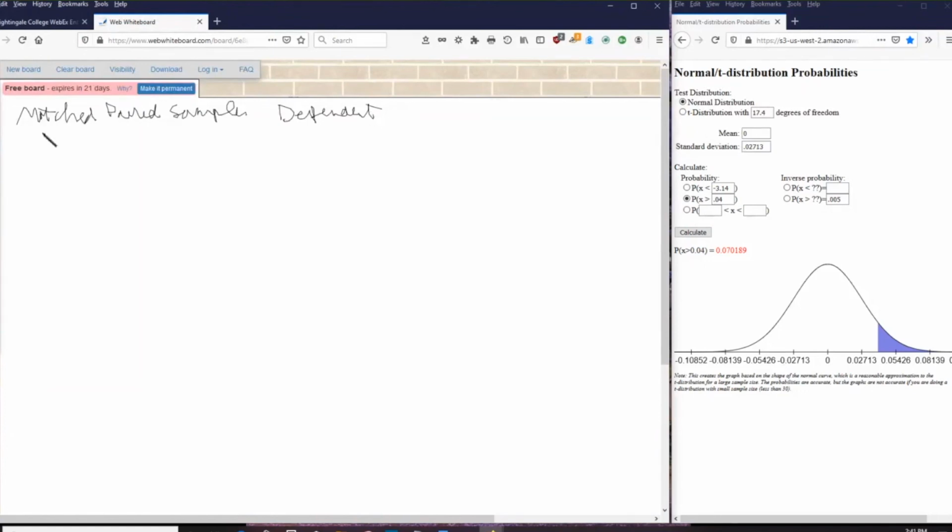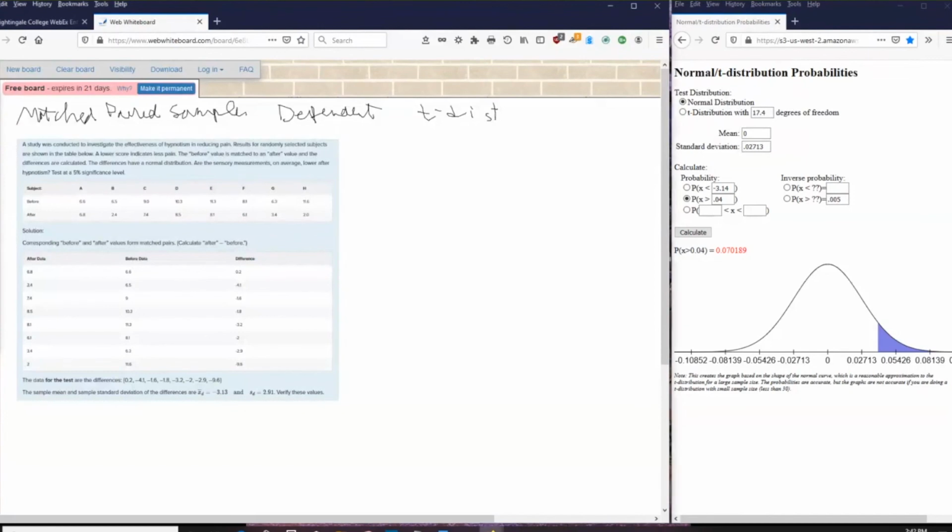For these types of tests, we're going to use the student t-distribution for a single population mean with n-1 degrees of freedom, where n equals the number of differences. So let's do an example.